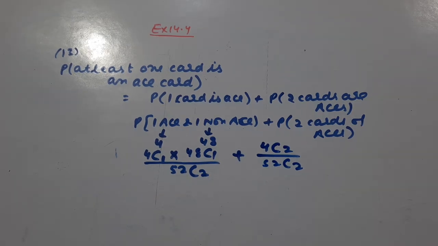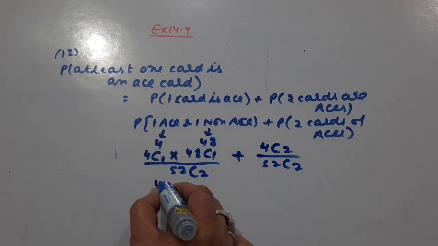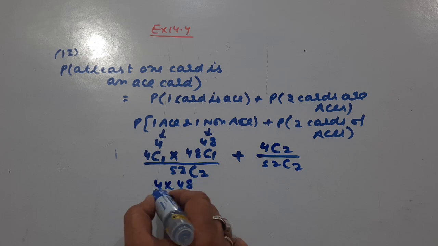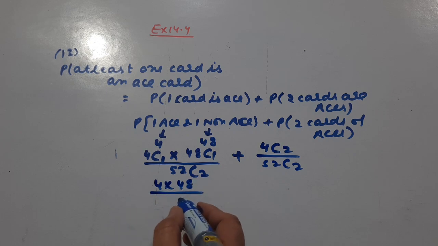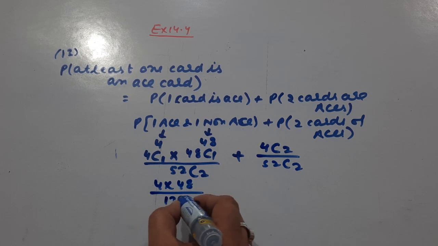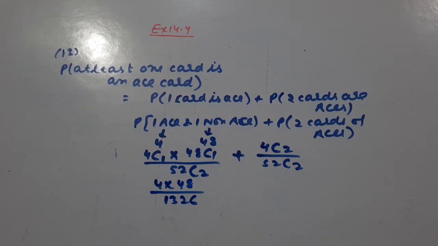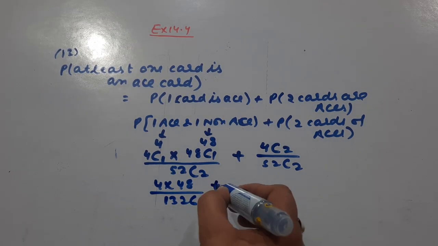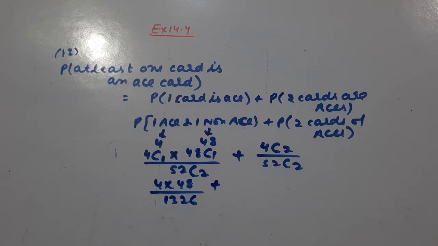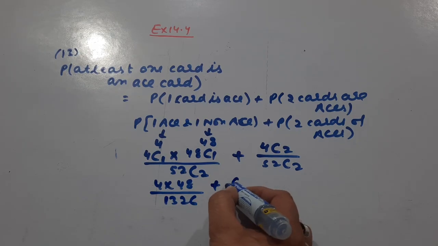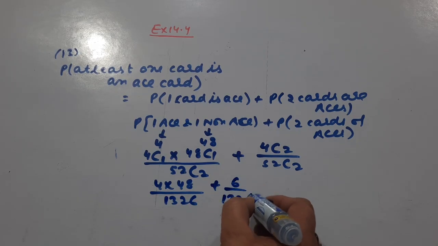Now solving it, this is equal to 4 into 48 upon 1326. 52C2 is 1326 and 4C2 is 6 upon 1326.